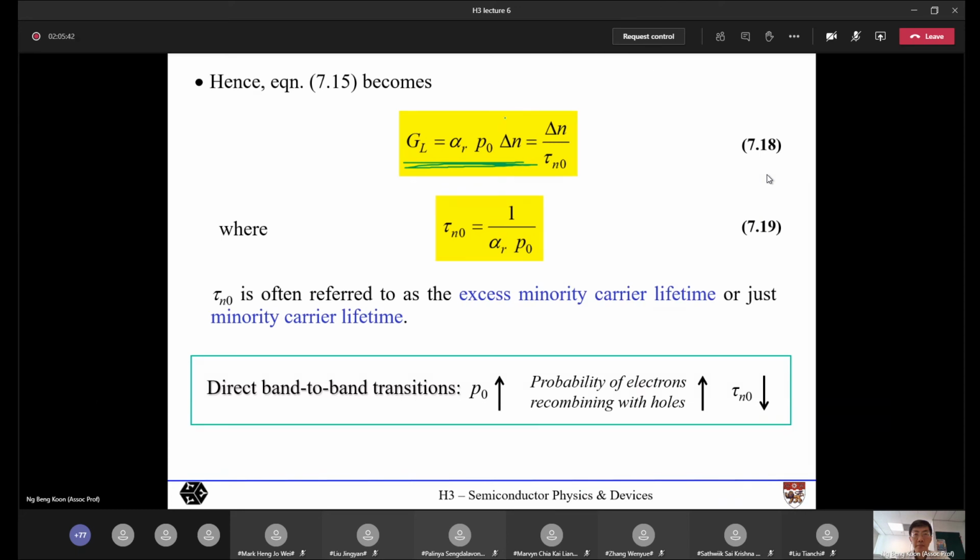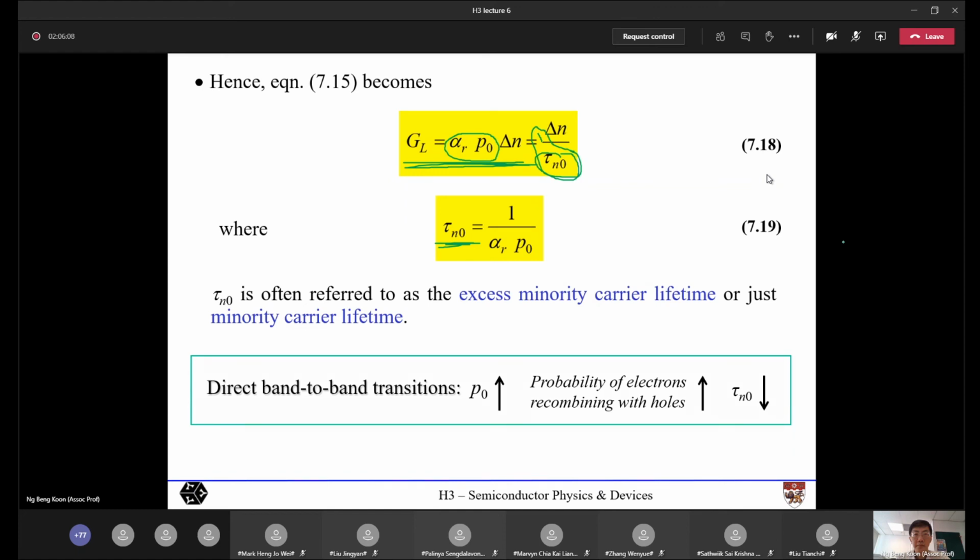And we can define this alpha R P naught as a quantity called 1 over tau N naught. This tau N naught is a parameter called the excess minority carrier lifetime. This is a quantity that describes how long excess carriers would exist in the semiconductor.